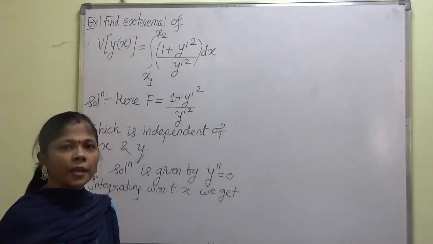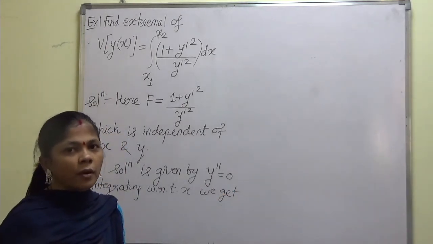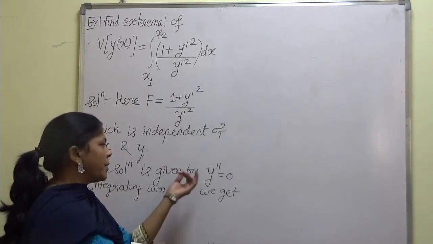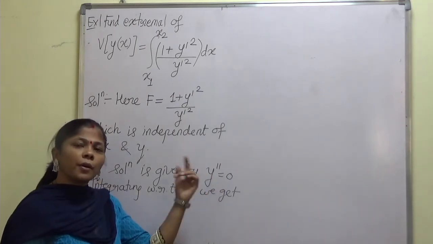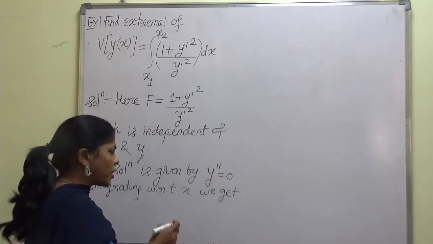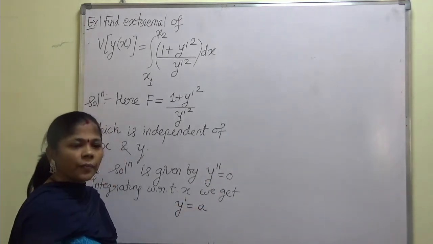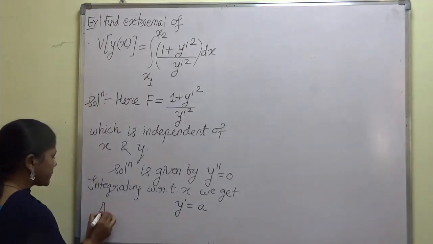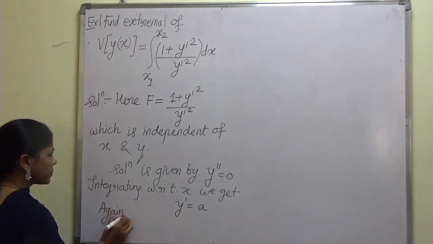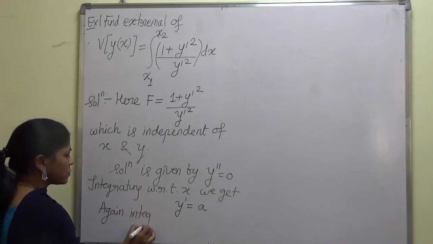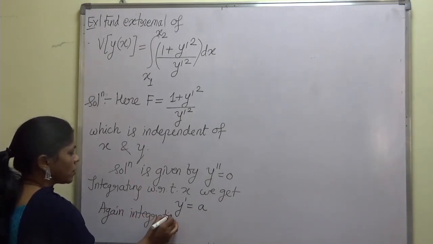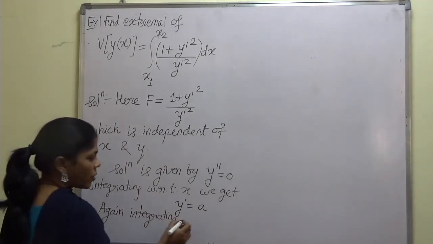So when we integrate higher order derivative, its order reduces by 1. So what will be integration of double derivative? Order decreases by 1. So what it will be? Y dash equal to constant of integration. Again integrating. Okay, so again integrating, what we will get?